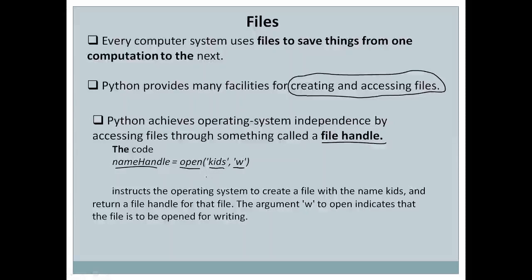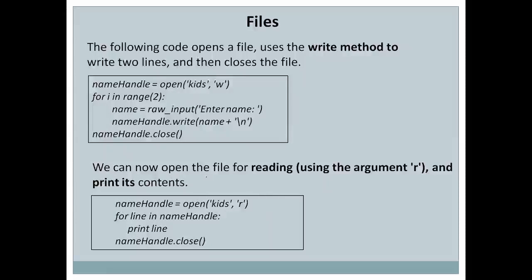Okay, let us look at an example. The following code opens a file, uses the write method to write 2 lines and then closes the file. Look at this segment of code. The first line is name handle equals, a variable or you can consider it an object, equals the function open, and the file which we are opening is kids.